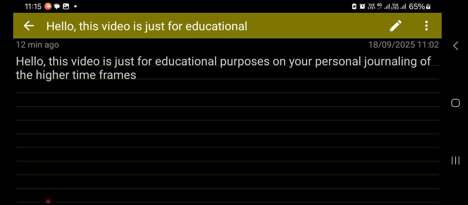So we are going to look at how to annotate or mark out the sensitive areas on the higher time frames, which serve as reference points where you can decide whether or not to take a trade. This video is just for educational purposes, and it's for your personal markings and journaling of the chart.